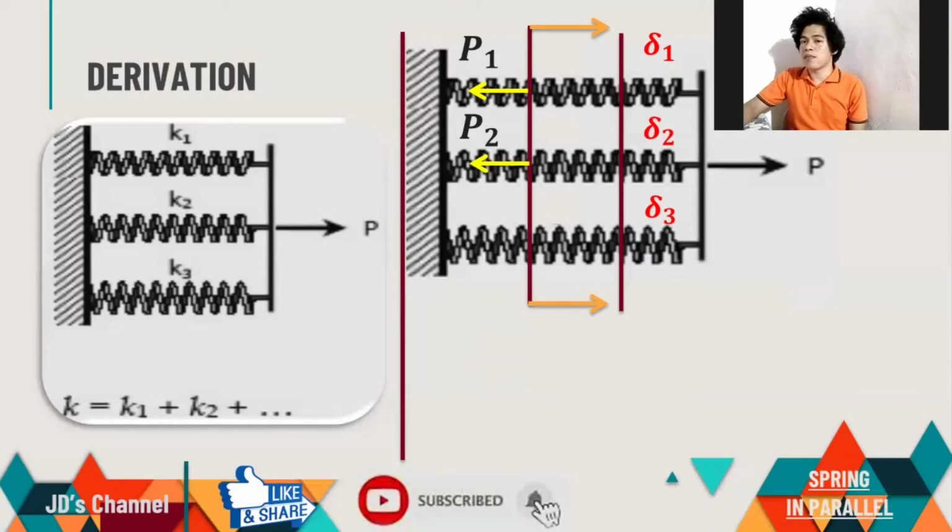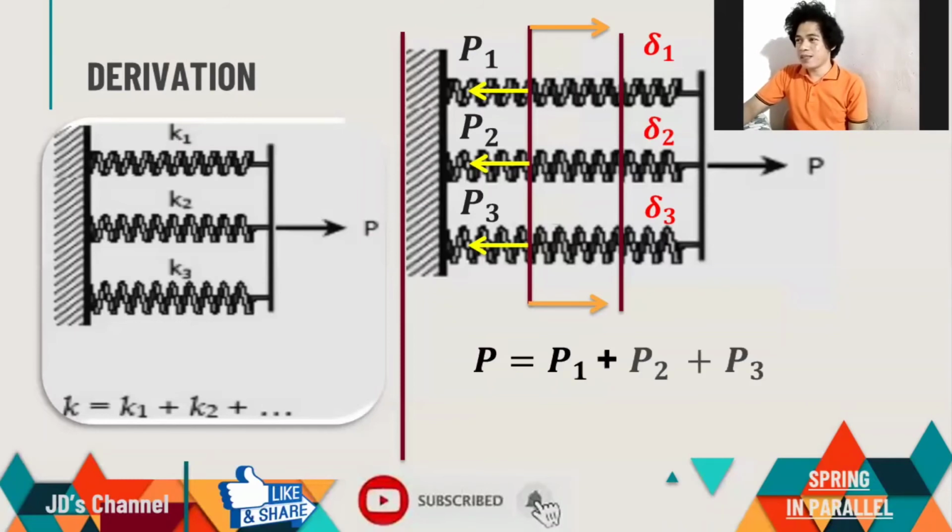So magkakaroon ng force P2, and also yung ating last wire, magkakaroon din siya ng pagkontra doon. So ano nga yung relationship ng ating P dun sa ating P1, P2, and P3? So tama po, ayan. P is equals to P1 plus P2 plus P3.